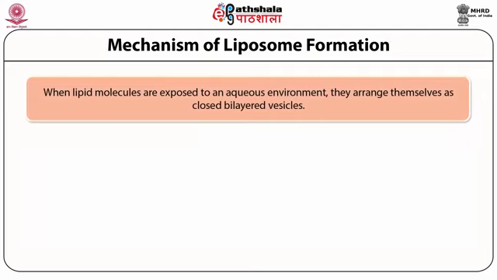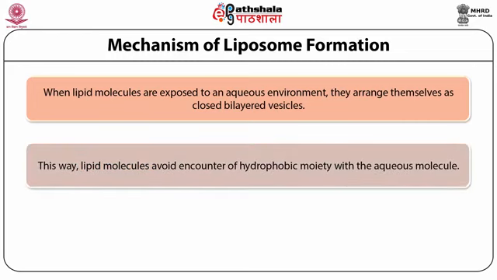When these lipid molecules are exposed to an aqueous environment and some energy is dissipated into the system in the form of agitation, extrusion, sonication or homogenization, the lipid molecules arrange themselves as a closed bilayer structure, as shown in the figure. This way, lipid molecules avoid the encounter of the hydrophobic moiety with the aqueous molecules.